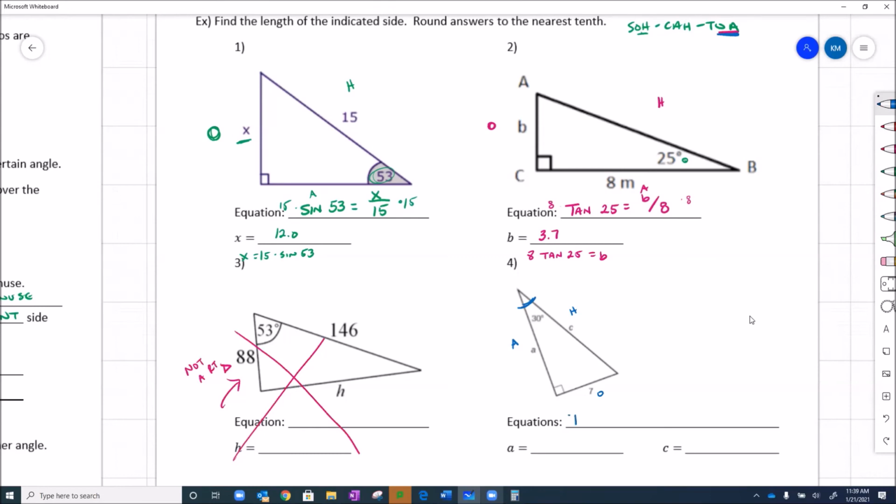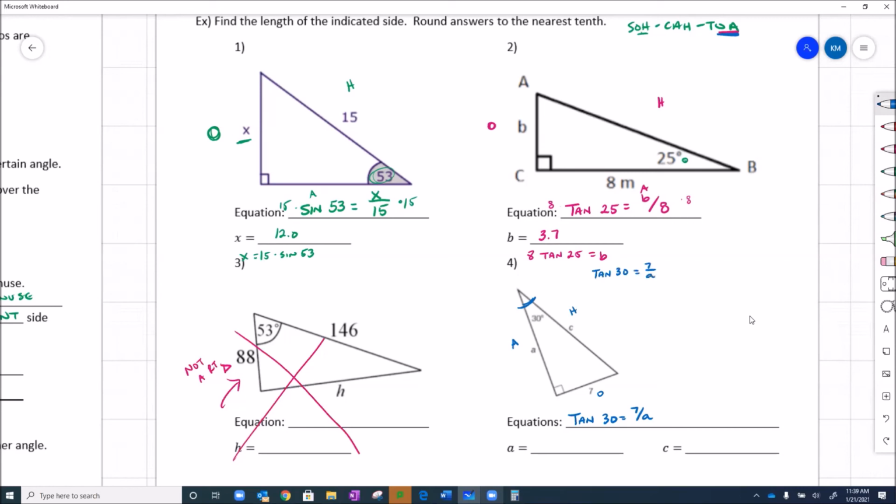So I'll say tangent 30 equals opposite 7 over adjacent A. I want to get A by itself, but A is in the denominator of our fraction, so it makes it a little bit different. Not difficult, just different.